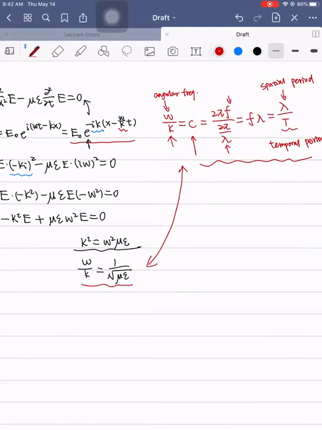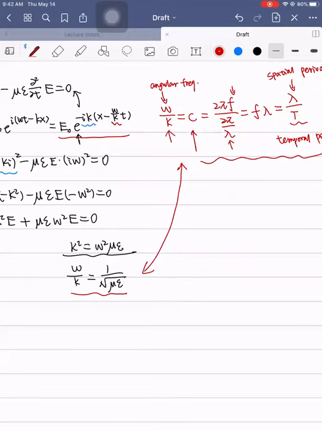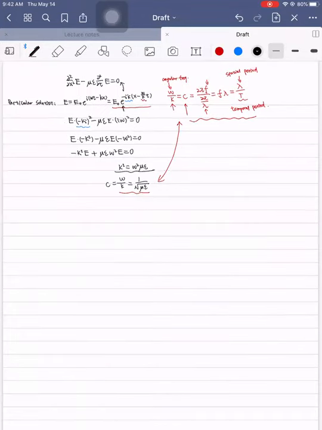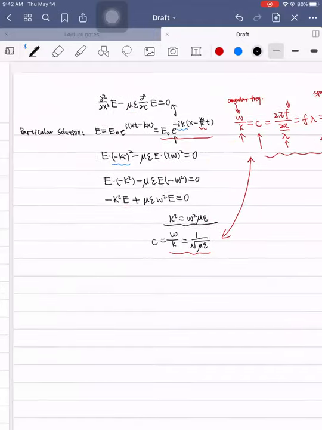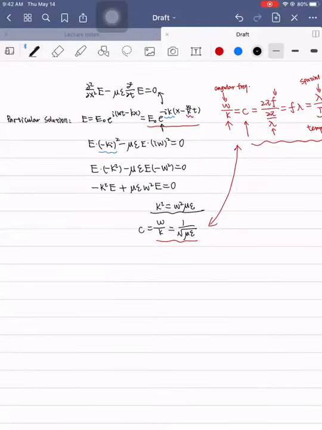They are the same, right? So we can write this as, if we introduce the wave speed, we can get the same conclusion as before. So the speed is only dependent on our mu and epsilon. Okay, this is all for the 1D wave equations.